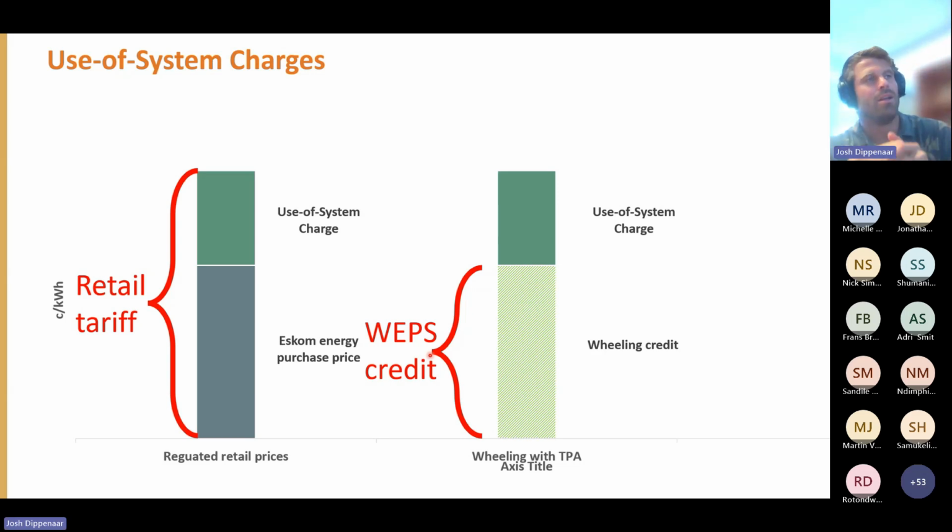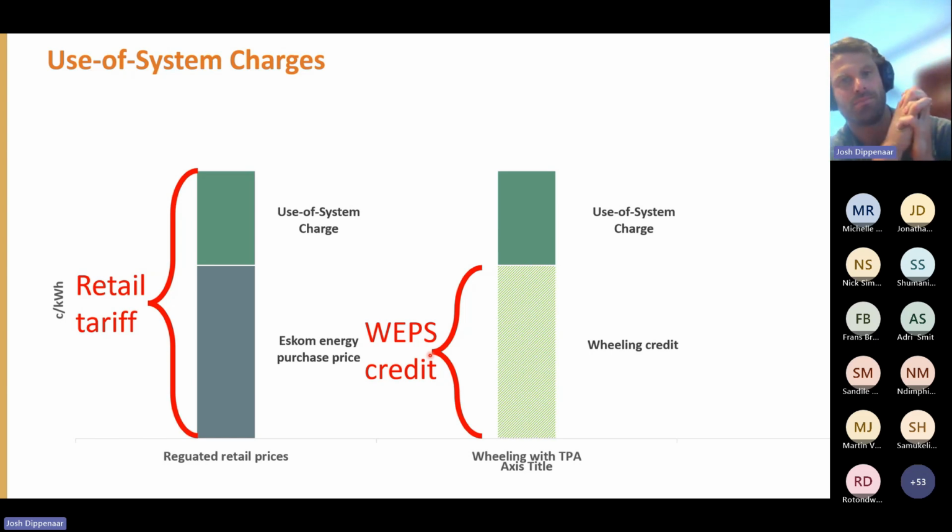And so WEPS is the price of only generating energy. So it's the wholesale energy price, just the price as the energy leaves the generators. And so now when Eskom says, okay, this customer has consumed wheeled energy, then the WEPS price is the avoided cost, right? We were talking about the avoided cost earlier.